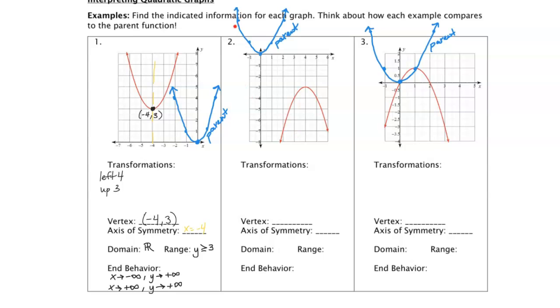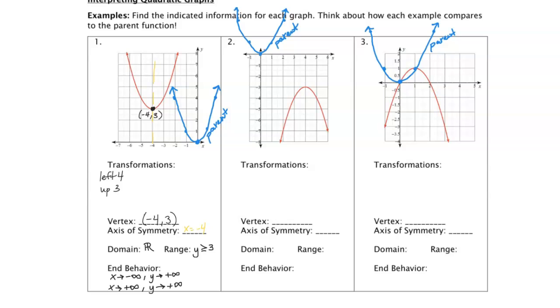All right, so we move on to number 2. Noticing our x and y axes, if it was the standard x and y axes, 0, 0 is here. Our parent function would look somewhat like this. Noticing our new graph here, it has been flipped upside down, shifted to the right, and also shifted down.